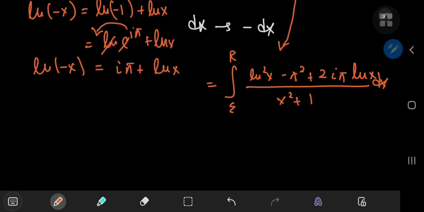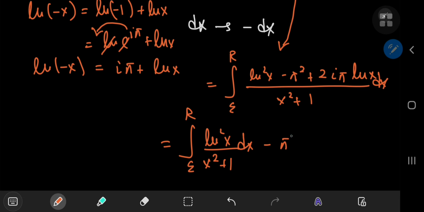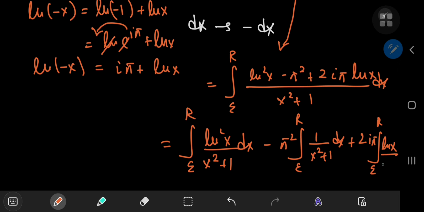And this is actually pretty cool, because if you separate the terms out, then you get the integral from epsilon to r of the square of the natural log of x divided by x squared plus 1, minus pi squared, integral from epsilon to r again, 1 by x squared plus 1, which is awfully familiar, then 2 i pi integral from epsilon to r natural log of x divided by x squared plus 1, and I have no room for the dx, so you guys just get the idea.